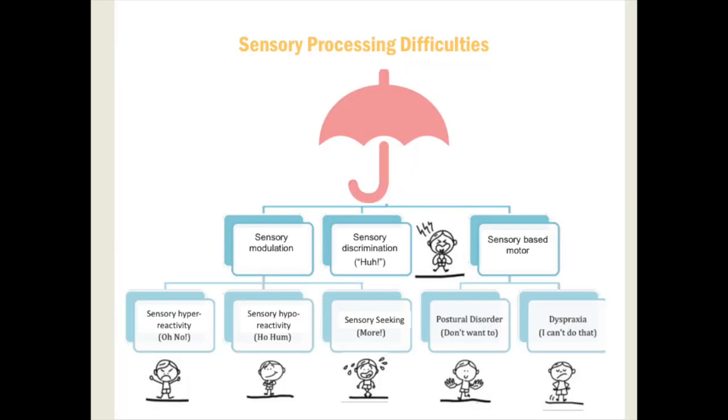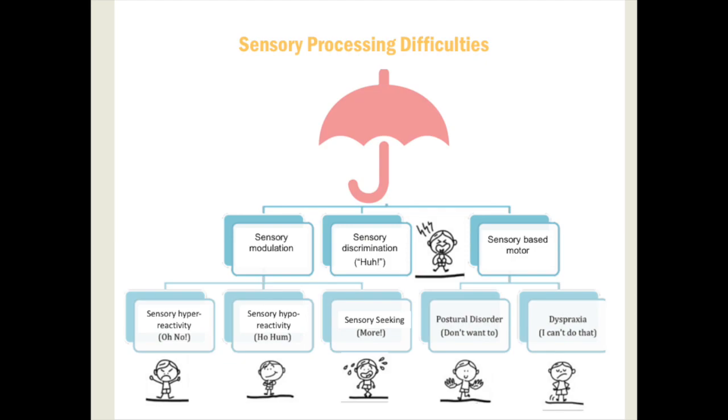Sensory processing difficulties is an umbrella term for lots of different types of sensory difficulties. Outlined here are just a few. Throughout this presentation, we will focus on the most common sensory processing difficulty, which is hyperreactive and hyporeactive. For more information about other sensory processing difficulties, please refer to the sensory pack that was sent to you.